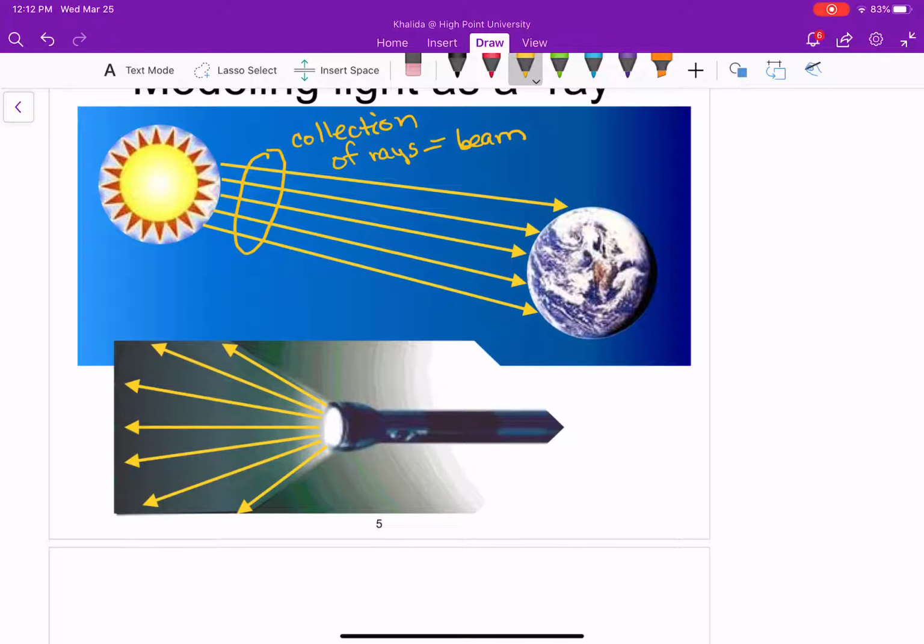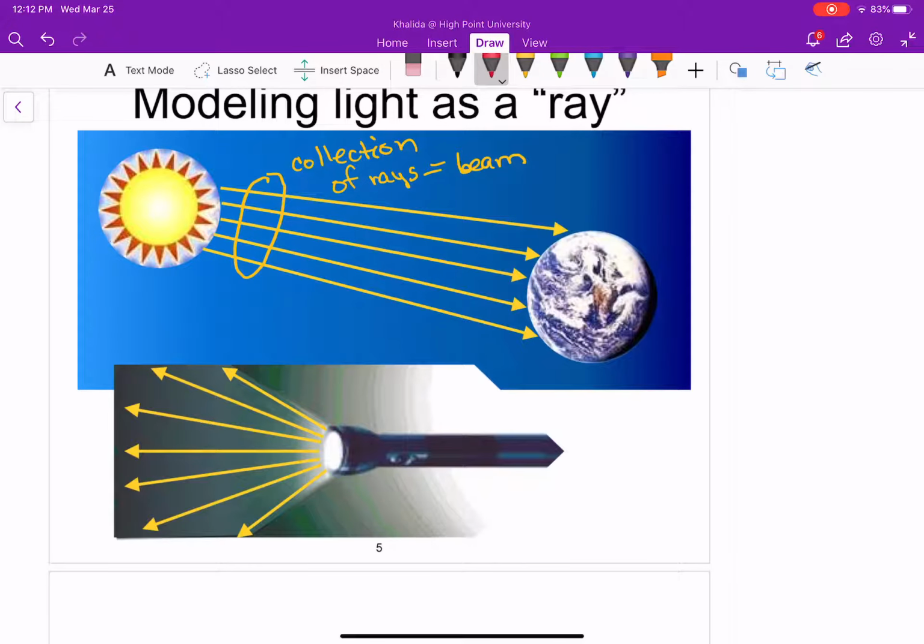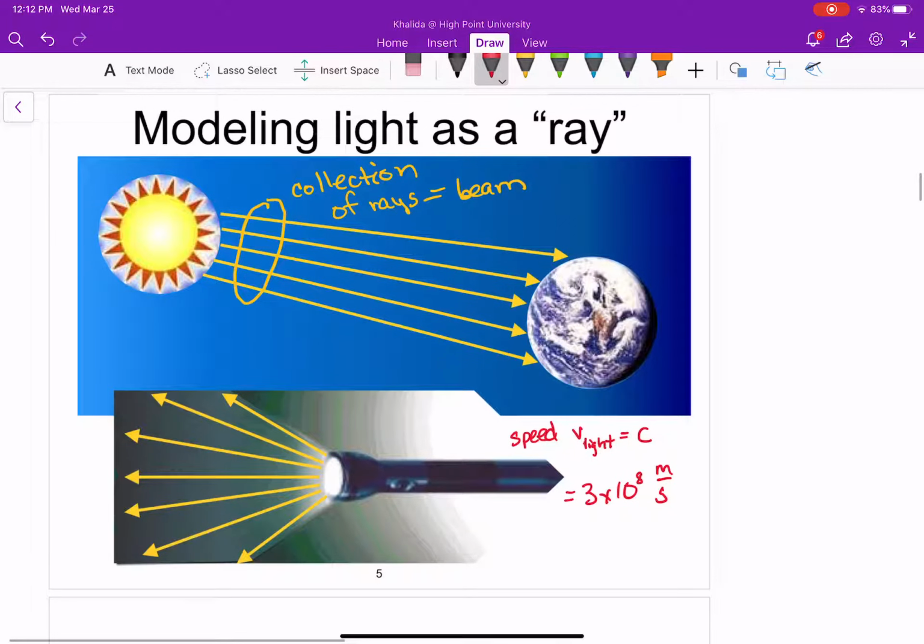So all of these rays are traveling through space at a velocity. It's your propagation velocity of light, which, as we said in the last lecture, is equal to this number c, which is equal to 3 times 10 to the 8th meters per second. So all light will travel in a straight line at 3 times 10 to the 8th meters per second until something happens to either change its course or to stop it.